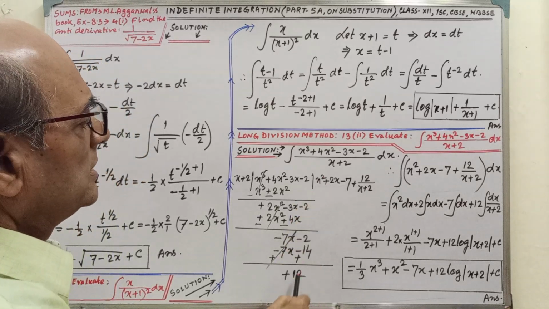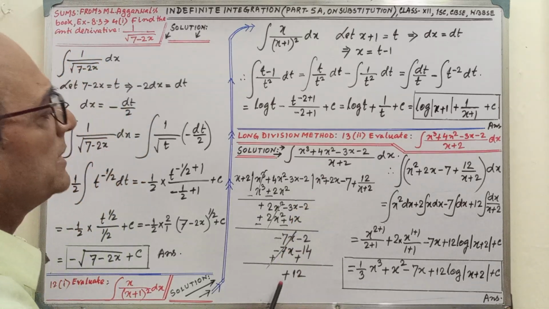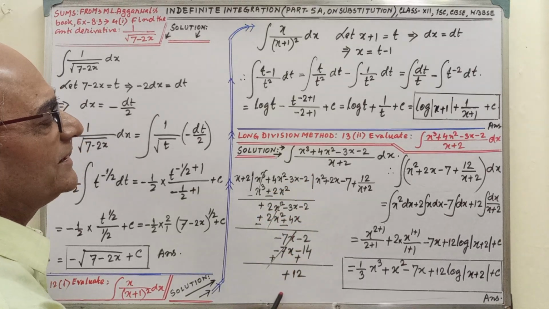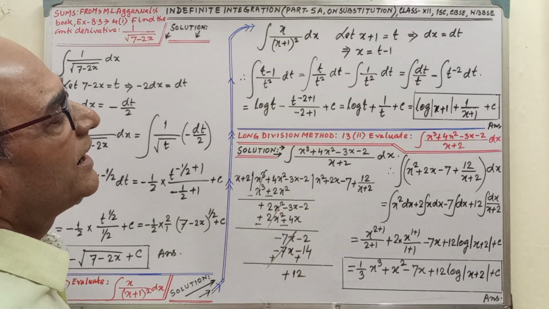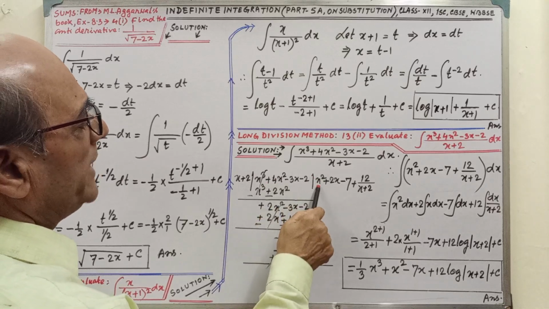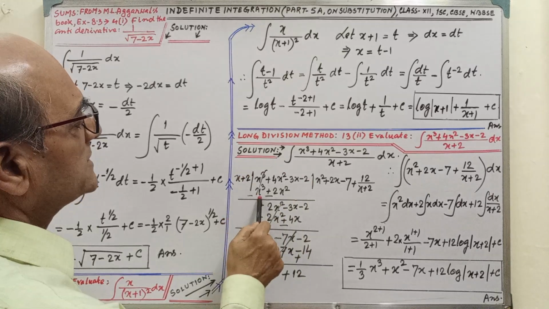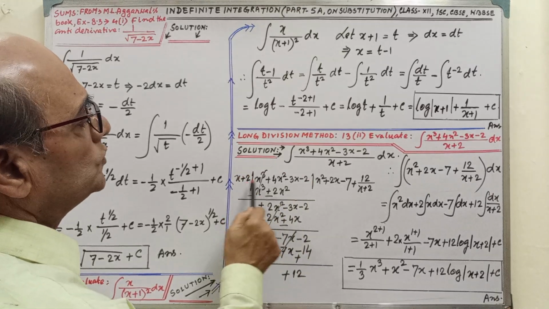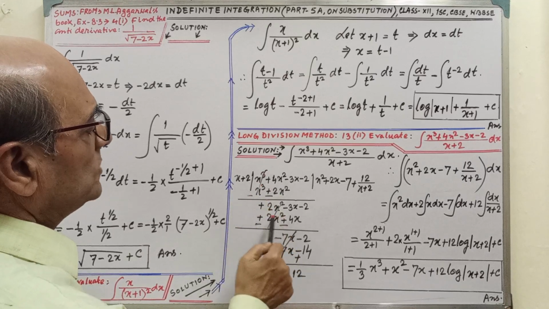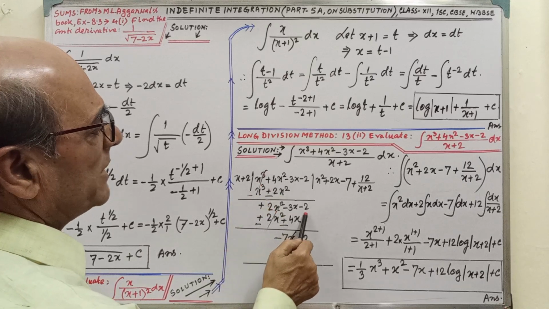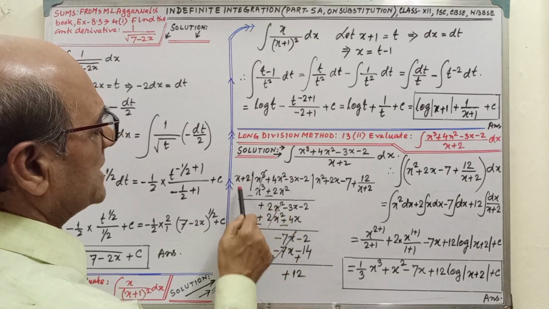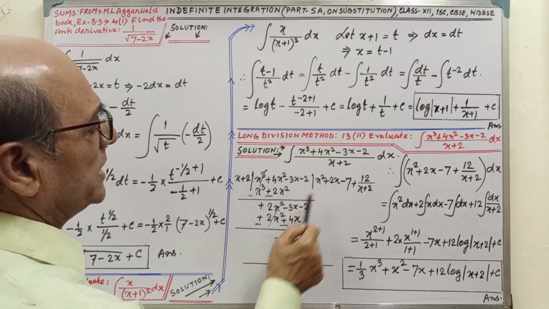This division you have learned at class 7, but here it is given clearly for the sake of clear understanding. That is x cube, in the quotient it will be x square and x, that is x cube plus 2 into x square, that is 2x square. By changing the sign, we are getting 2x square minus 3x minus 2. Then plus 2, that is plus 2x, 2x plus x, that is 2x square, 2 plus 2, that is 4x.